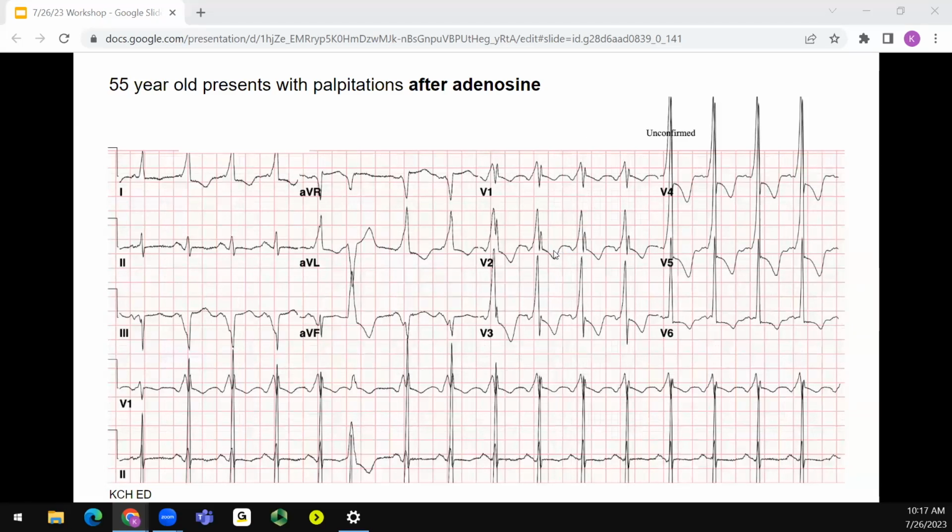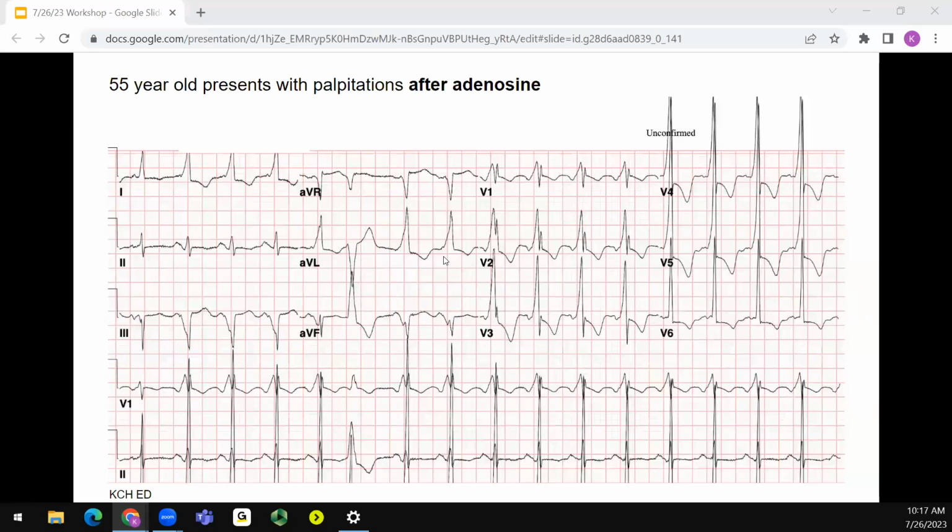So what's your differential? Someone says posterior MI. This patient presented as SVT. What could this be? Do the QRS complexes look kind of off? Esteban says WPW. What makes you think that?